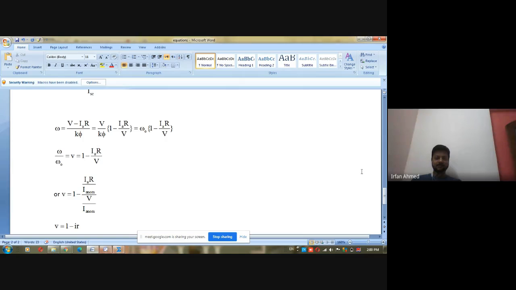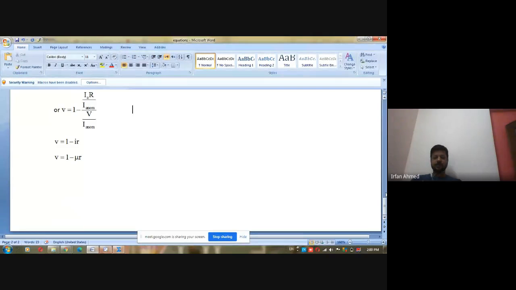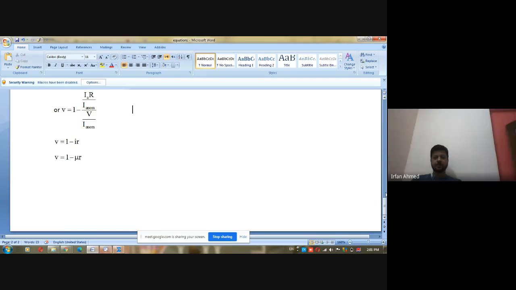Think about it later. Okay, so we have two equations here now. One is v equal to 1 minus IR, and the second one is v equal to 1 minus mu R. Both these equations are in per unit values, where on the left hand side you have the per unit speed, and on the right hand side you have either the per unit armature current or the per unit motor torque and the per unit armature circuit resistance.